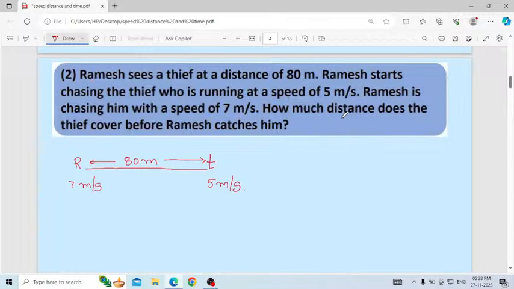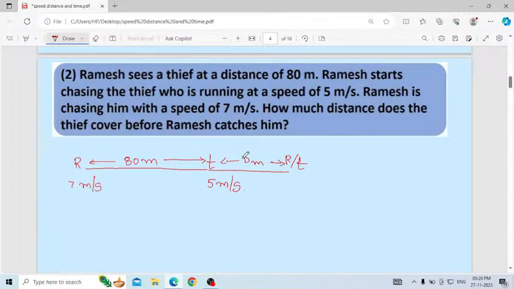How much distance does the thief cover before Ramesh catches him? After some distance, both Ramesh and the thief will meet at a single point. Only then can Ramesh catch the thief. That distance you have to calculate. Let us consider the distance to be d meter.